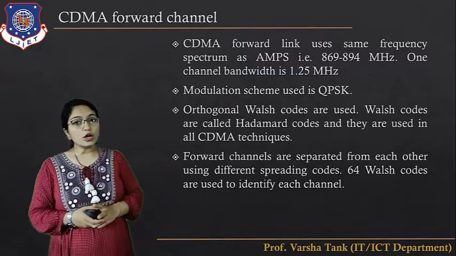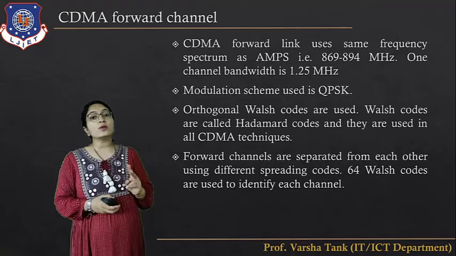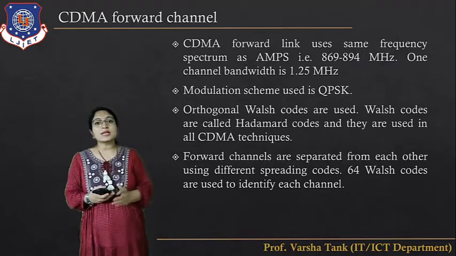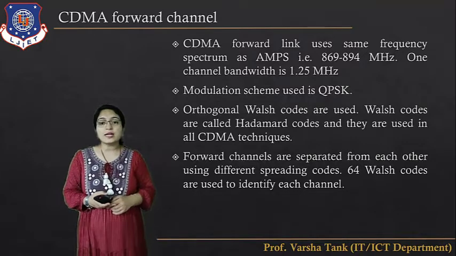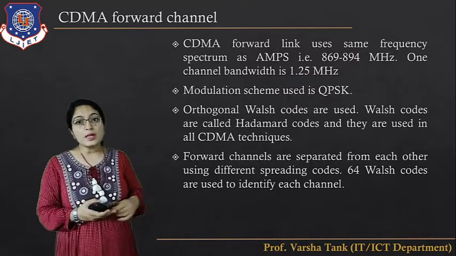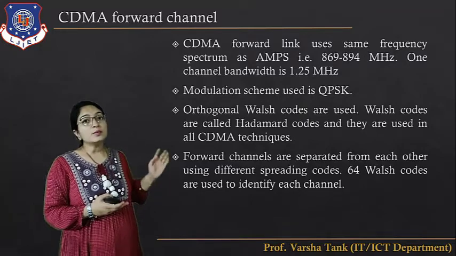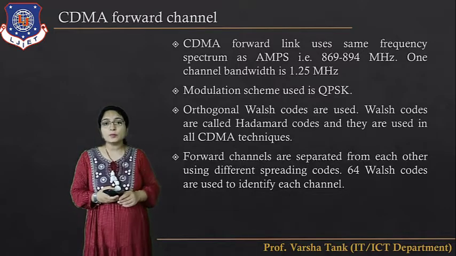Now let's learn the new topic, that is the CDMA forward channel. CDMA has two types of channel, the forward channel and the reverse channel. The forward link uses the same frequency spectrum as AMPS, for example 869 to 894 megahertz. One channel bandwidth is 1.25 megahertz. The modulation scheme used here is quadrature phase shift keying, QPSK.